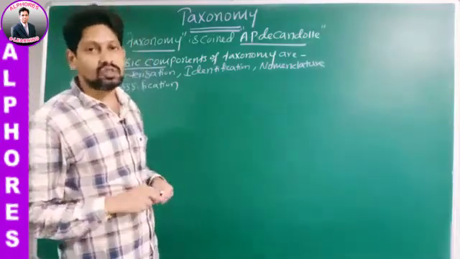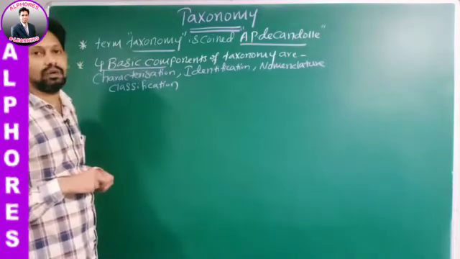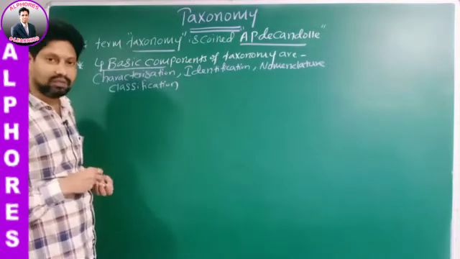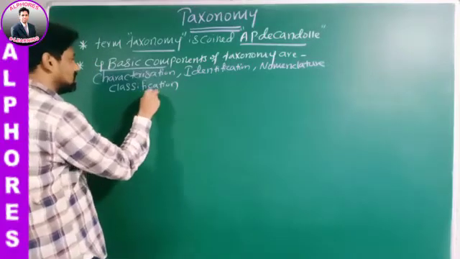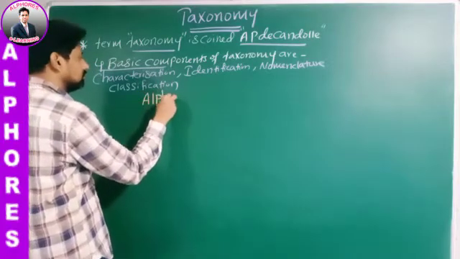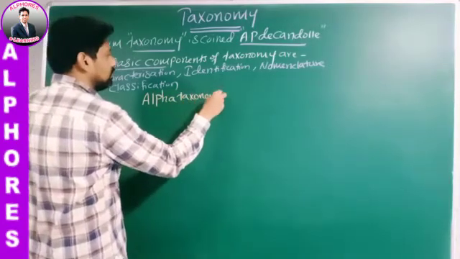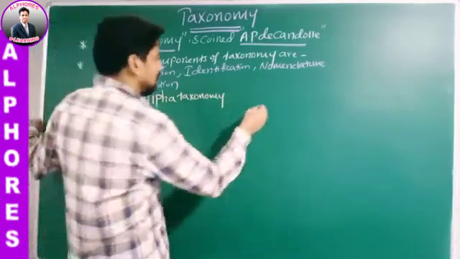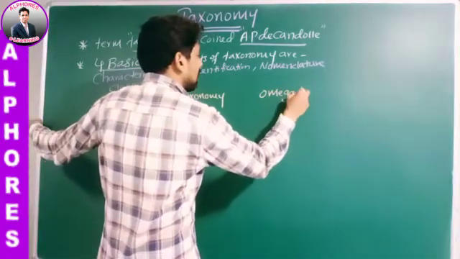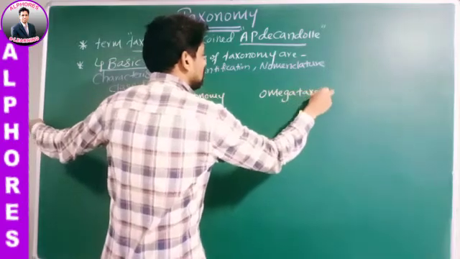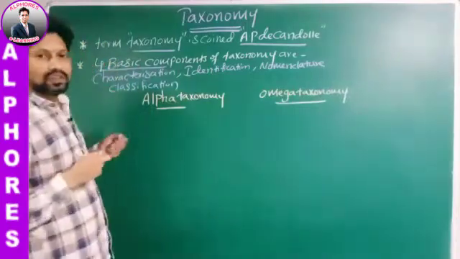In this taxonomy, first we are discussing alpha taxonomy and omega taxonomy. What is the first one, sir?